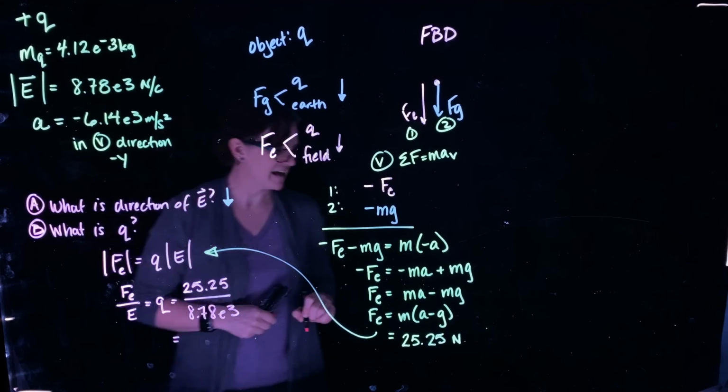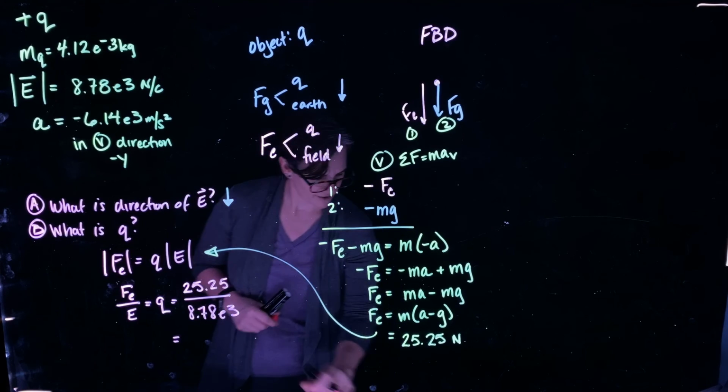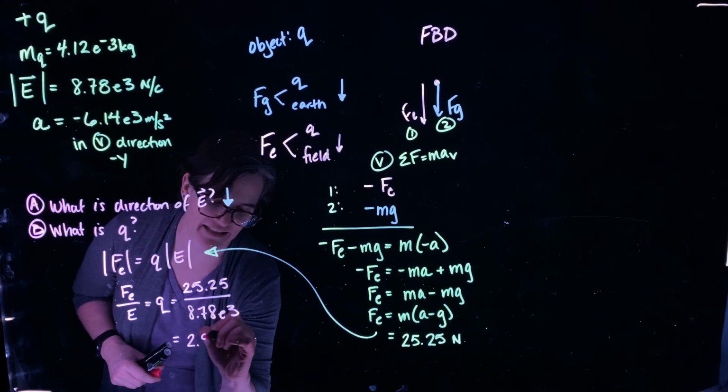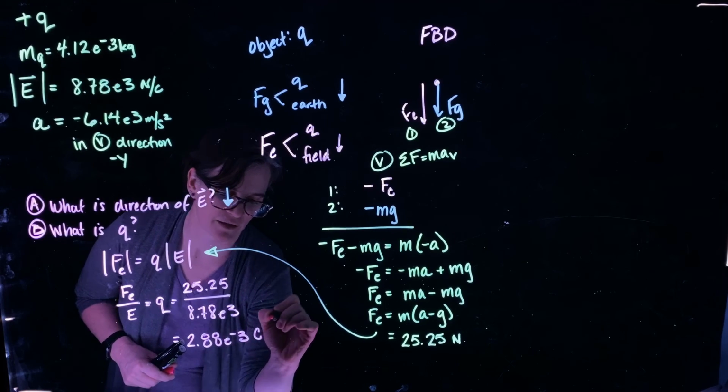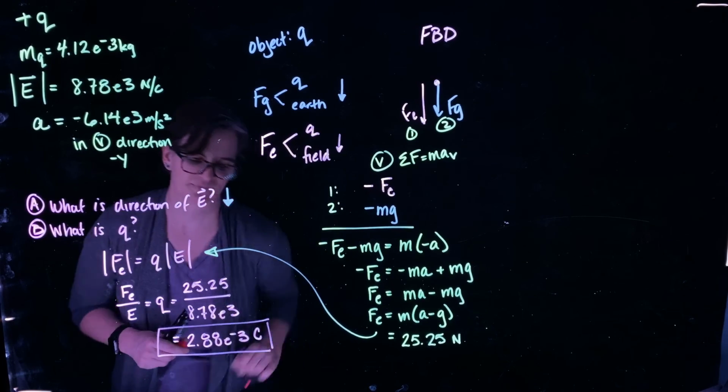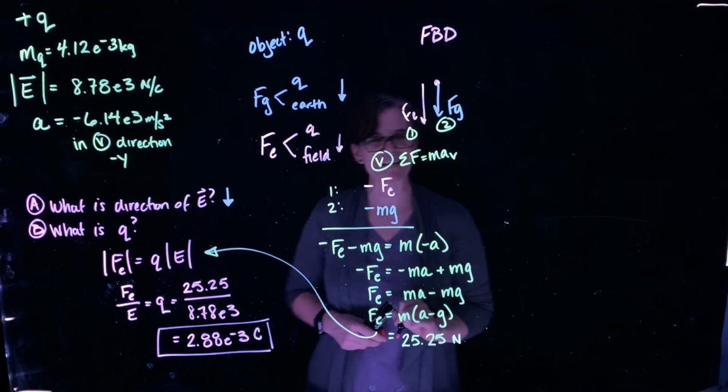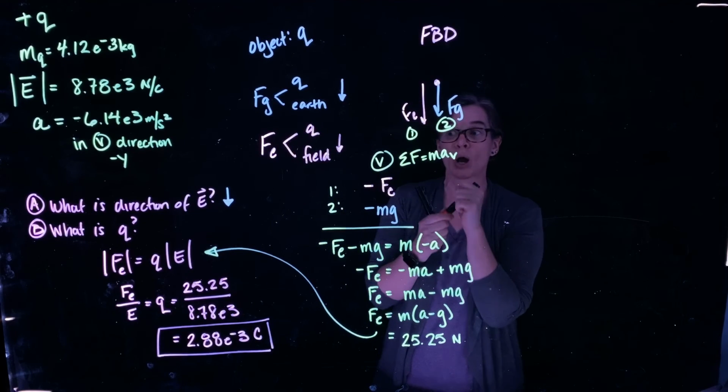And I get a value for Q of 2.88 times 10 to the minus 3 coulombs. All right, 2.88 times 10 to the minus 3 coulombs.